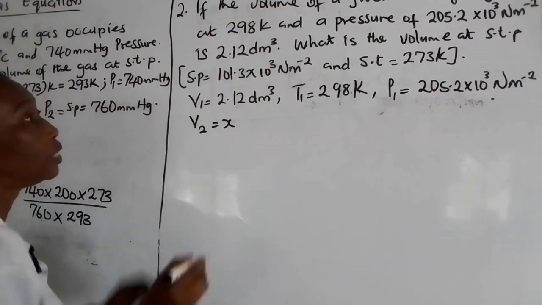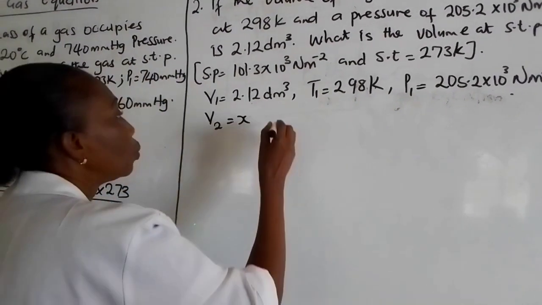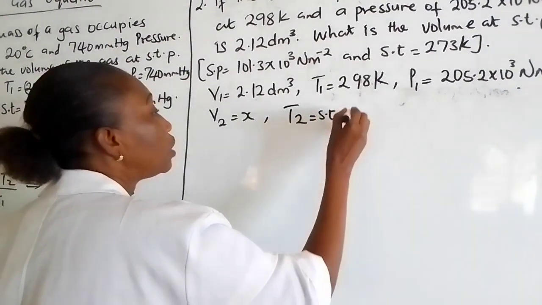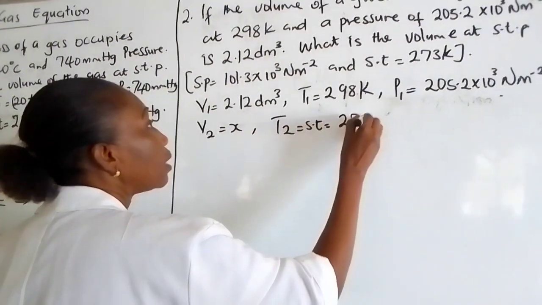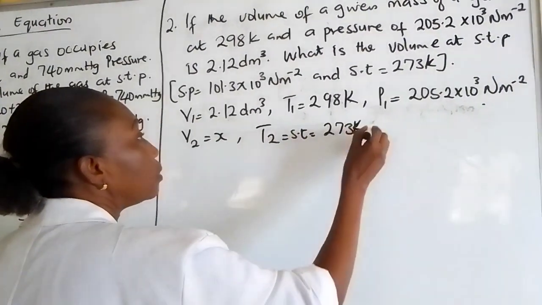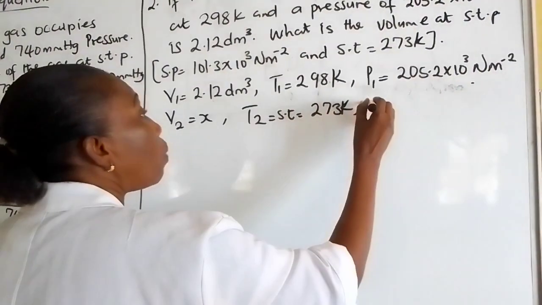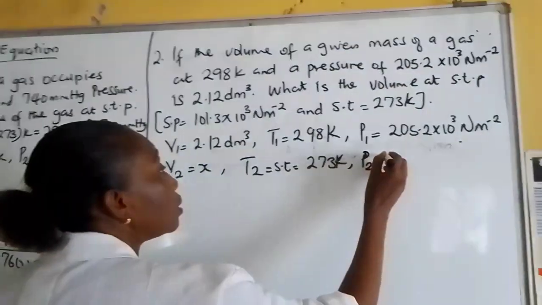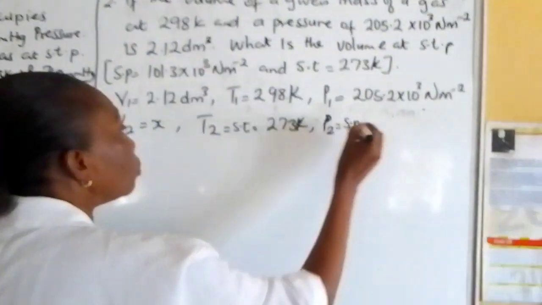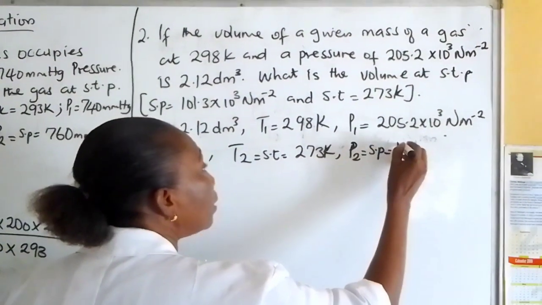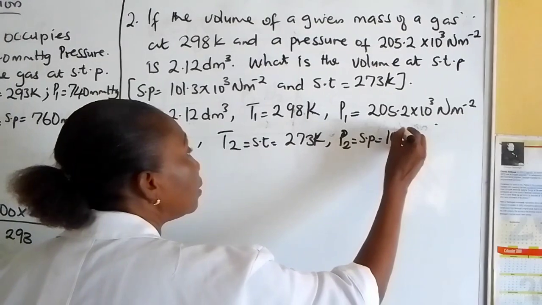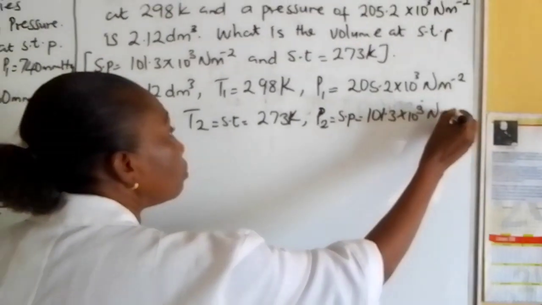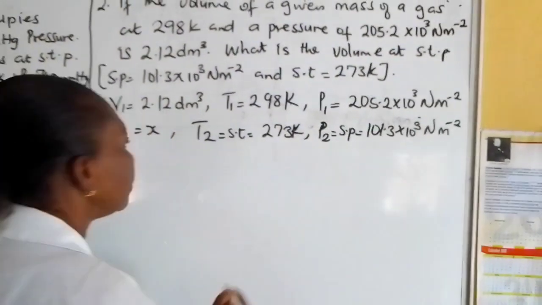We are asked to determine V2. T2 is our standard temperature, which is 273 Kelvin. Our P2 is our standard pressure, which is 101.3 times 10 raised to power 3 Newton per meter squared.